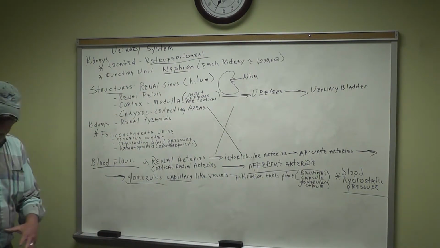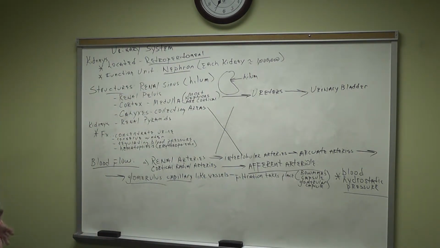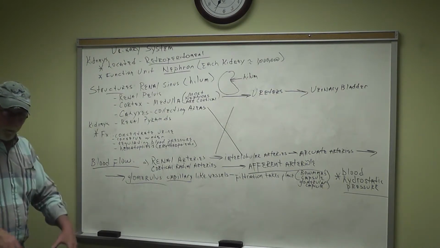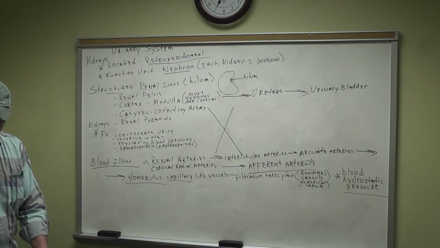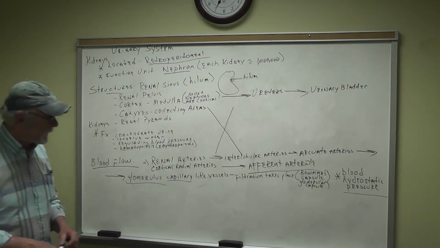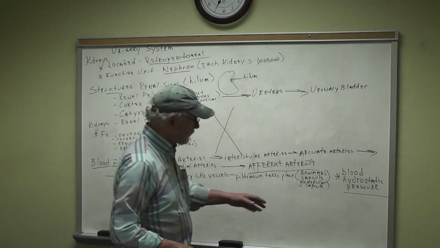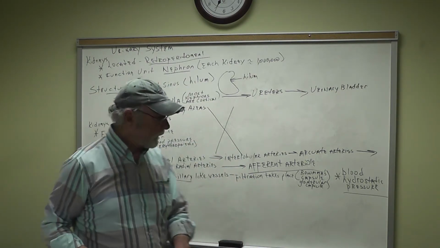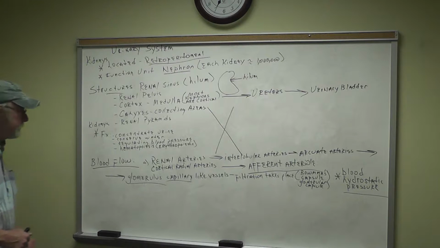And what's left of them after the other processes of urine formation are completed, some of them will be retained and remain in the urine and be expelled from the body. Many of them that the body needs will be reabsorbed back into the blood, all right? I'm going to try to keep this as simple as I can.